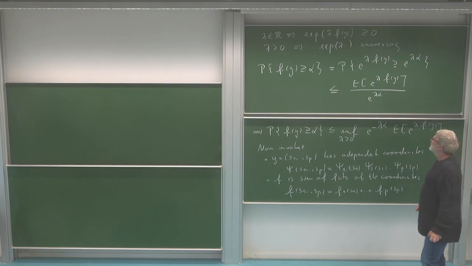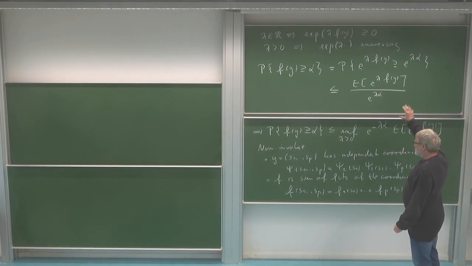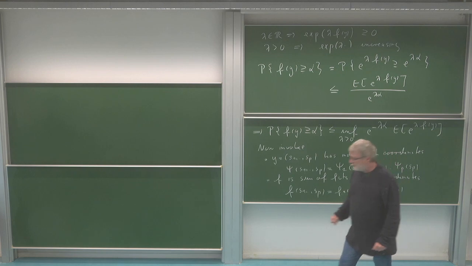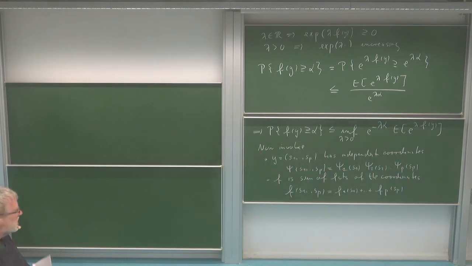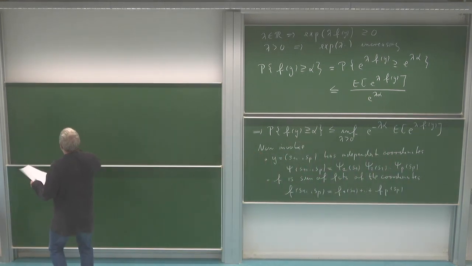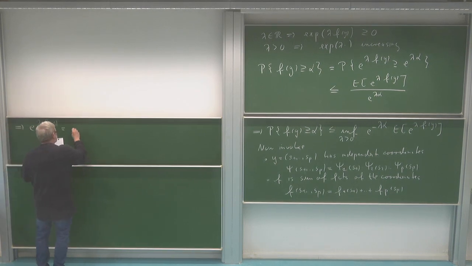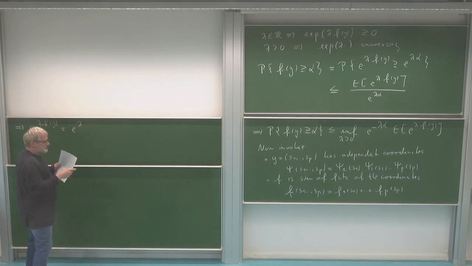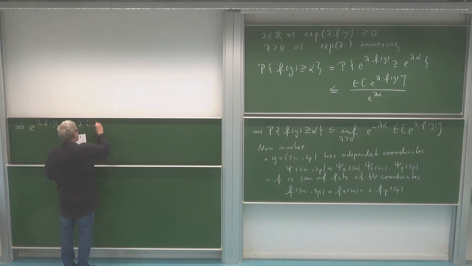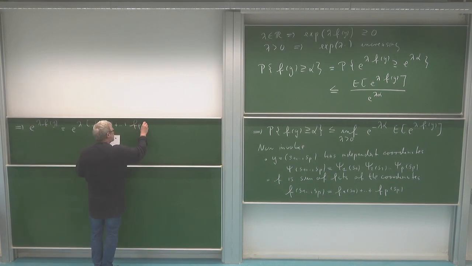So our situation is we have this in general, but now I have more specific information about the distribution of the components and also about this f. Then we take the expectation of e to the lambda f of y. So this is e to the lambda times the sum of f1 of the first component plus and so on, plus fp of the last component.